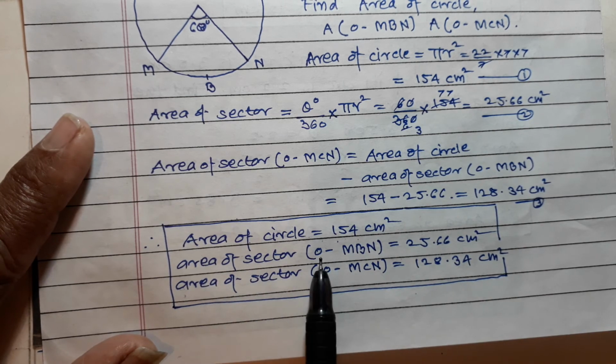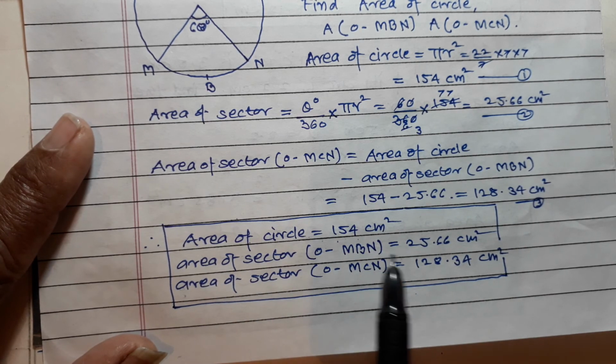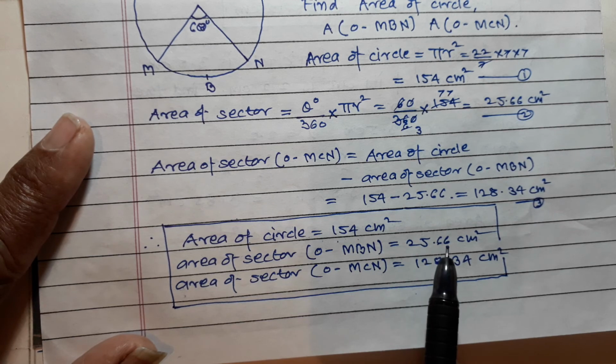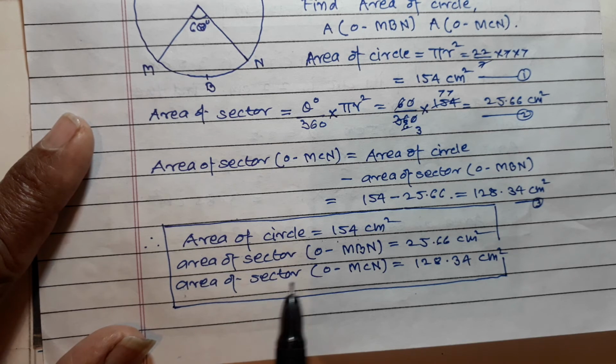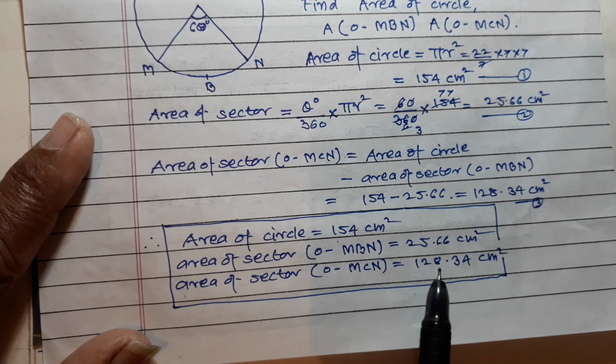Area of sector O'MBN is equal to 25.66 centimeter square, and area of sector O'MCN is equal to 128.34 cm square.